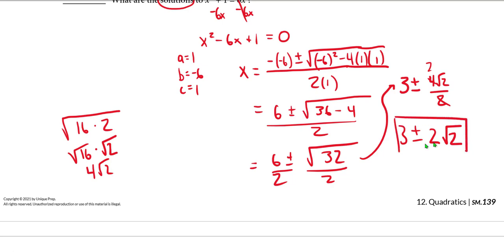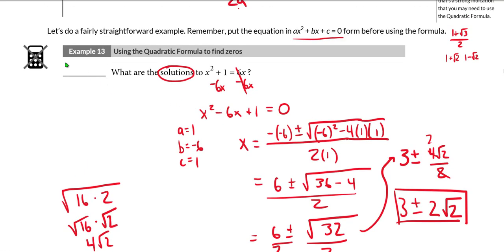Those two values of x, 3 plus 2 root 2 and 3 minus 2 root 2, are the two values of x that will satisfy this quadratic equation. Again, if you were to see answers that look like 3 plus or minus 2 root 2 to a question that asks you for the solutions to a quadratic equation, most likely the quadratic formula is the way to go.